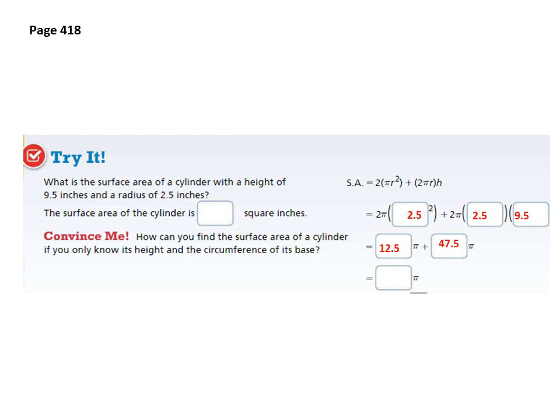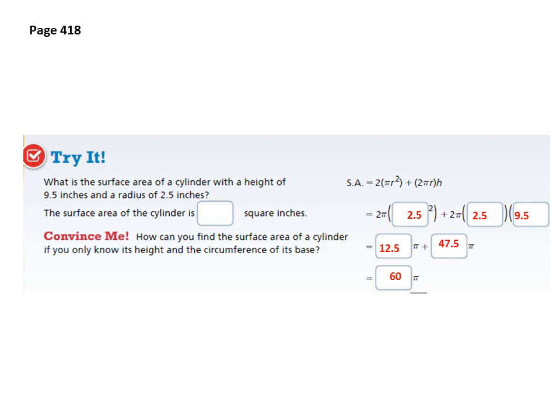Find 2.5 squared, multiply 2.5 times 2.5, it will be 6.25. Multiply it by 2, it will be 12.5. And the second part, 2 times 2.5 is 5. Multiply 5 times 9.5, it's 47.5.